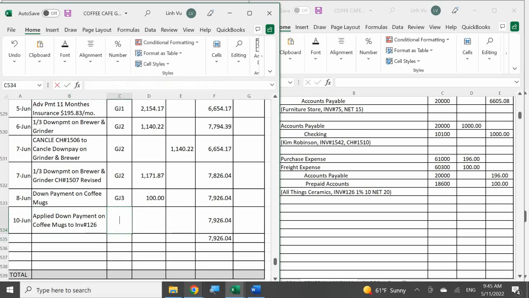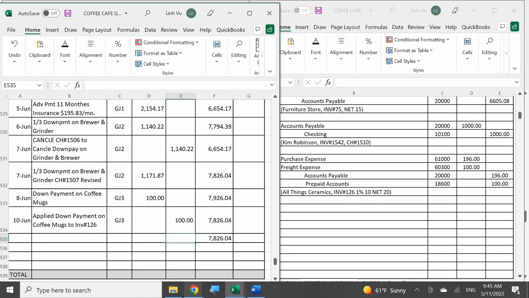That tells me I am redeeming my down payment for invoice number 126, which is going to decrease my account by $100. So now you drop back down to $7,826.04.